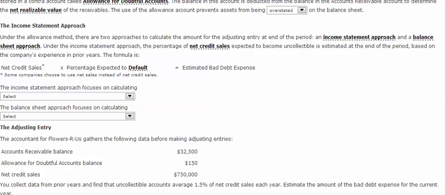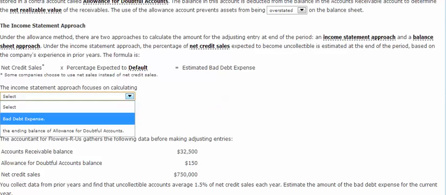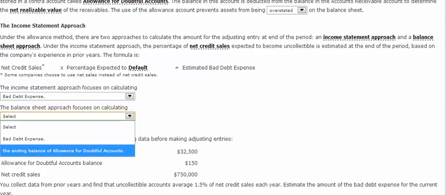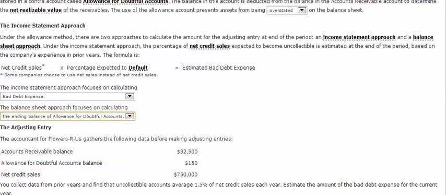The formula is net credit sales times a percentage expected to default or be uncollectible. That equals our estimated bad debt. The income statement approach focuses on calculating the bad debt expense, and the balance sheet approach focuses on the ending balance of the allowance for doubtful accounts.